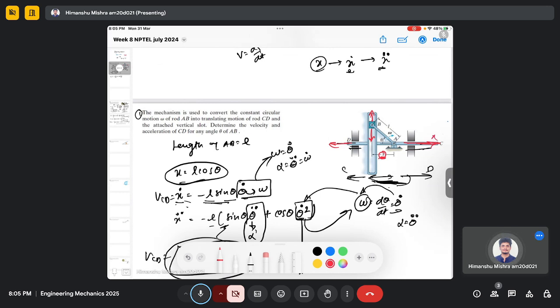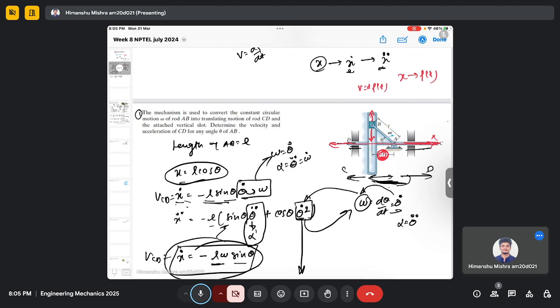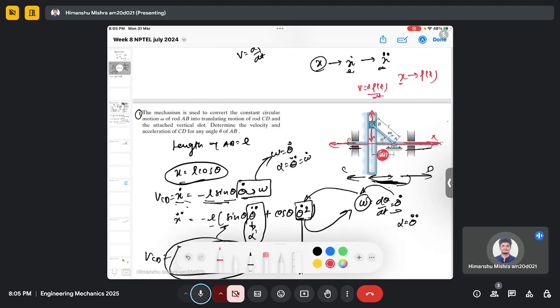So basically, when you are finding the velocity of CD or acceleration of CD, you are finding the velocity of x and acceleration of x, because this x is a function of time, and when you take the time derivative of x, you will have the velocity, and the acceleration is the double derivative of x with respect to time.